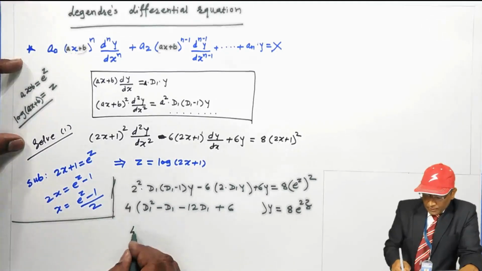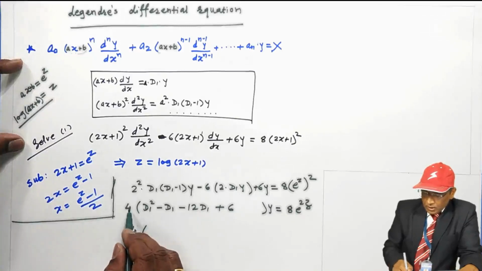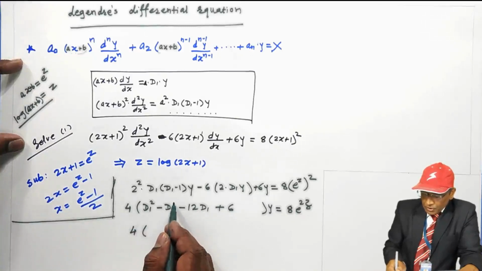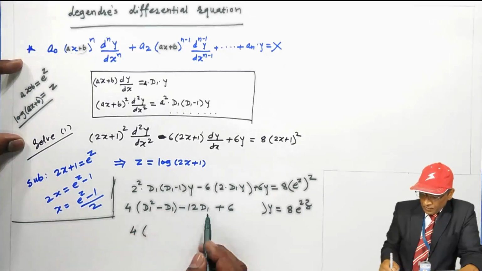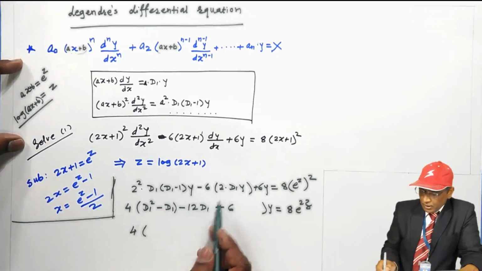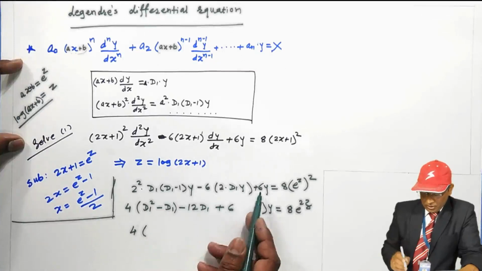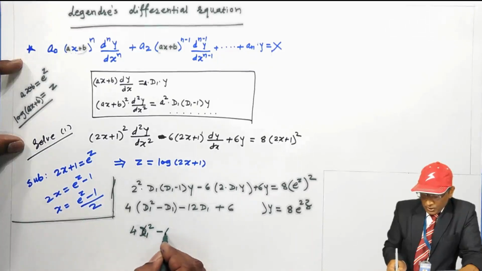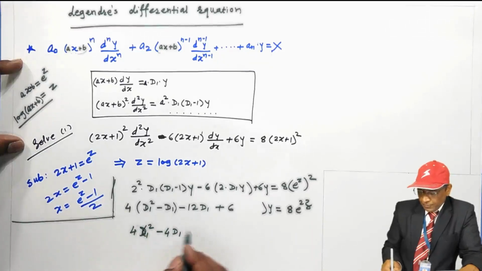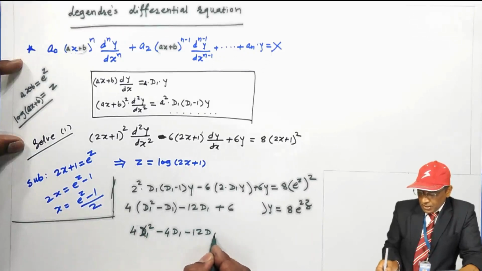Now try to simplify it. This 2 is in multiplication of this only. Okay. D1 square minus D1, minus 12 D1 plus 6. Now 4 D1 square minus 4 D1, multiplied by 4, minus 12 D1 plus 6y.